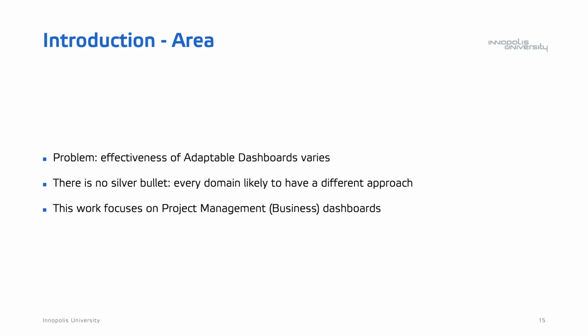It usually varies depending on the domain it has been applied to. So there's, of course, no silver bullet, meaning there's no one solution to every single problem. And our specific problem was on project management dashboards, where we track project success, team success, and how the project is going.